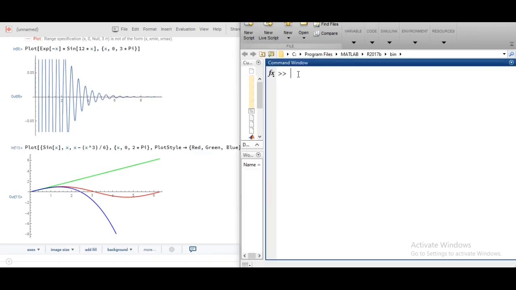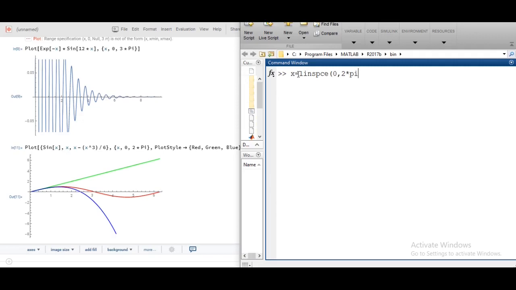In MATLAB also we can do the same thing, and for this, the first thing is x equal to linspace. We have to make a vector here, from 0 to 2 pi.